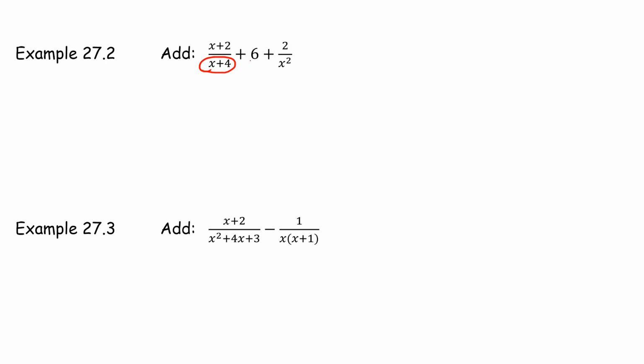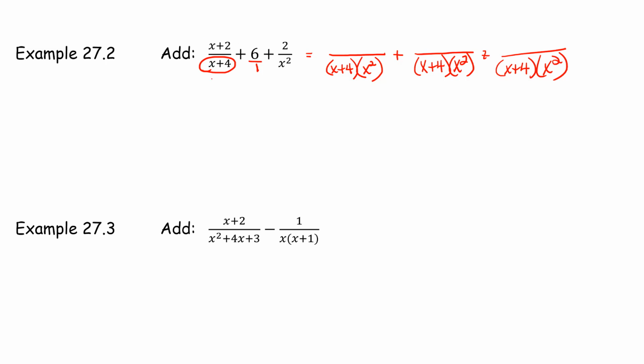The 6, the denominator is 1, so that's the only factor in that is 1. The last fraction, the last ratio, is x squared. So we're going to need a factor of x squared because we don't have one yet. So the least common denominator has to have the x plus 4, and it has to have 1, which we don't need to write, and it has to have x squared.